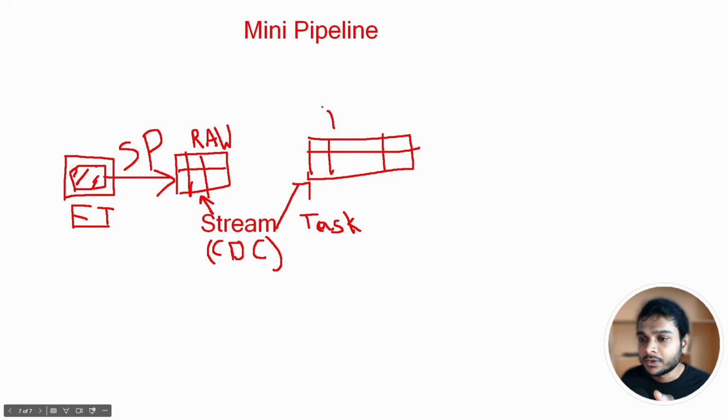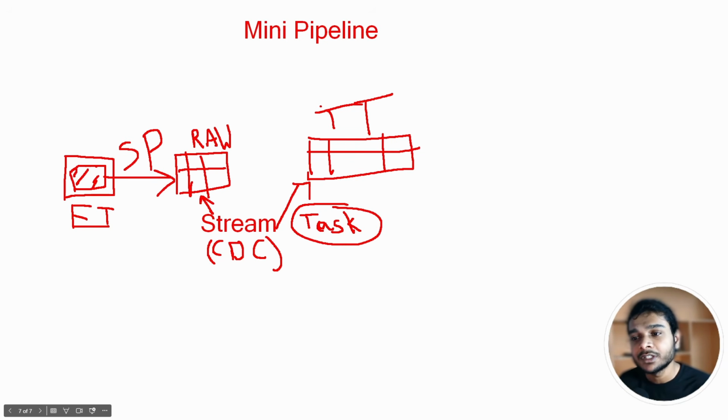This is the target table. We're going to use stream to capture the changes in this raw table, and then we use task to schedule the merge for every 1 minute, because we don't have time to wait. So for every 1 minute, this task, which is merge, will execute, and the changes will be captured and copied to the target table.